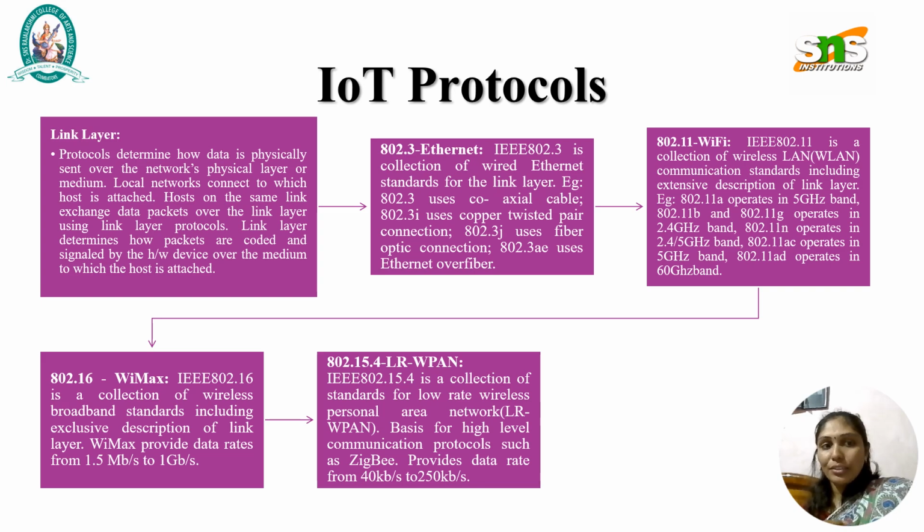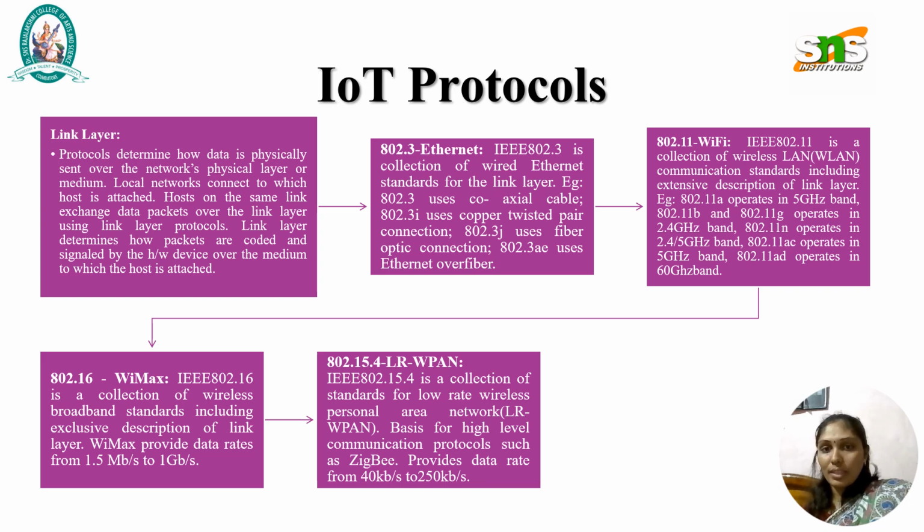Local networks connect to each host. Hosts on the same link exchange data packets over the link layer using link layer protocols. The link layer sends the data packet-wise. It determines how packets are coded and signaled by the hardware devices over the medium to which the host is attached.